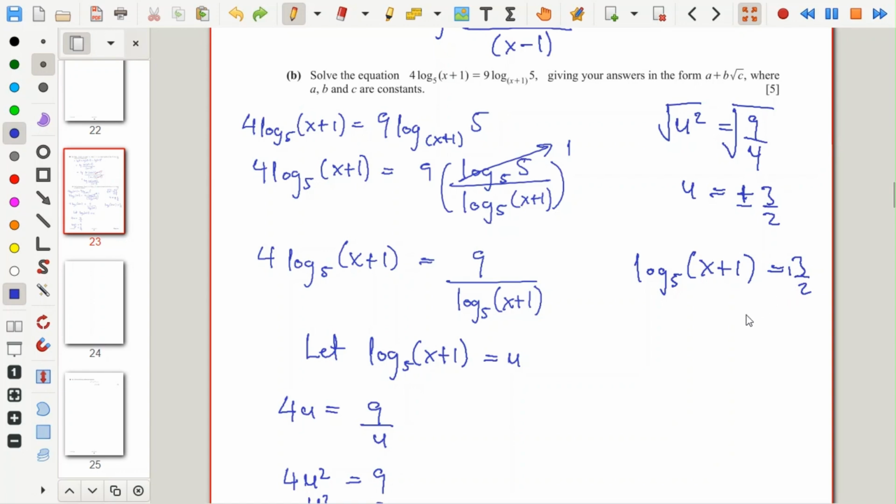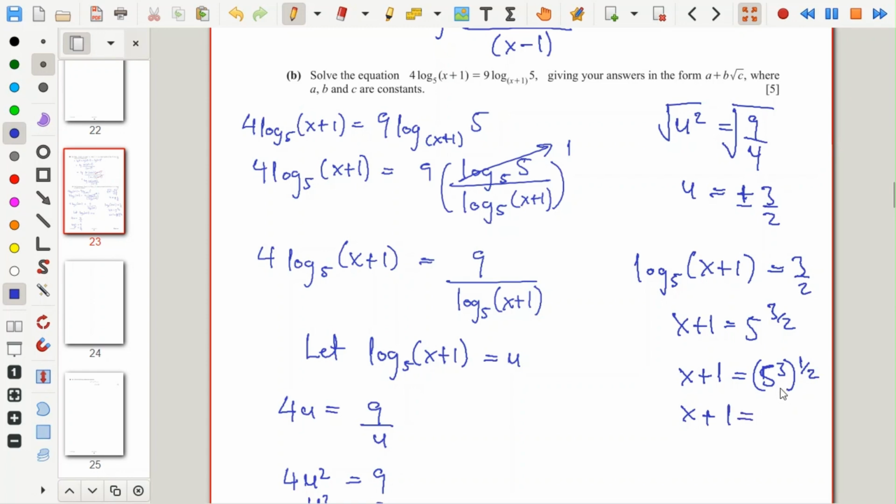Let me start with the plus. So if it's plus, you're going to get x plus 1 is equal to 5 to the power 3 on 2. Now, you're supposed to leave your answer in terms of a surd. So this one can be written as 5 cubed, have you seen?